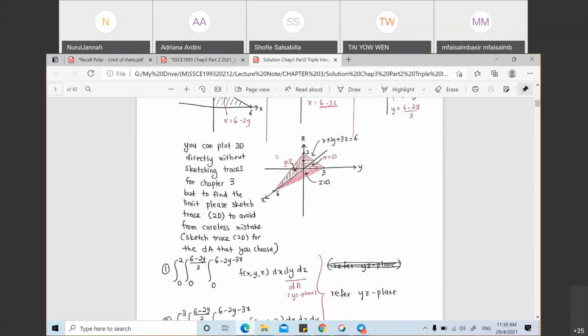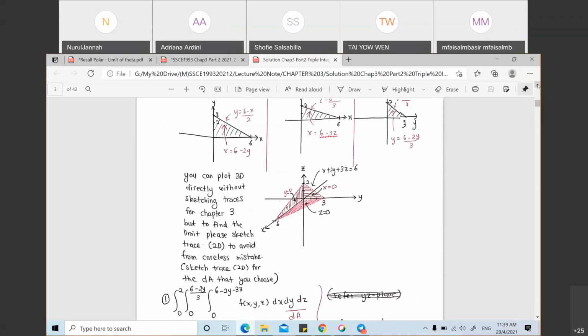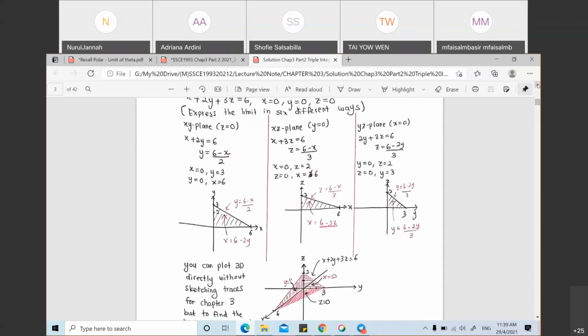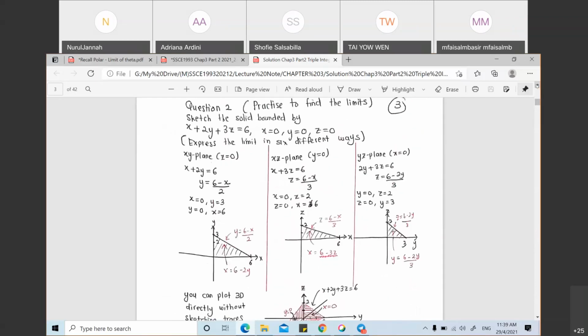So it is like this. And then you have to choose which one you want to integrate over: simple xy, xz, or yz. So for z equals 0, you have x plus 2y equals to 6. From here, if x is 0, y equals to 3, and if y is 0, x equals to 6.